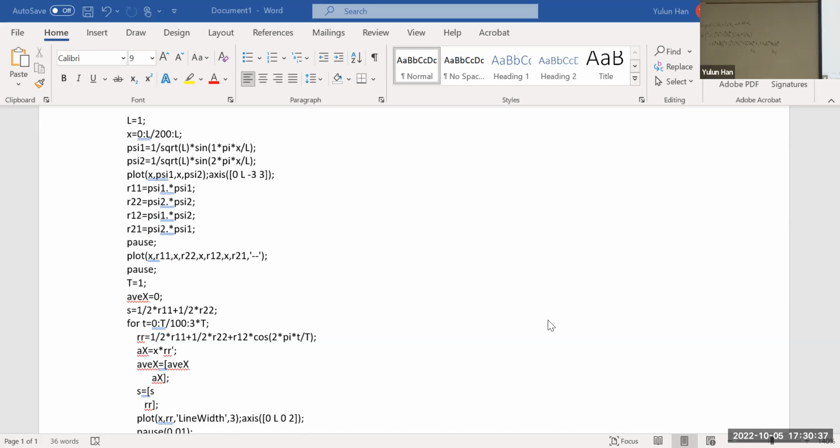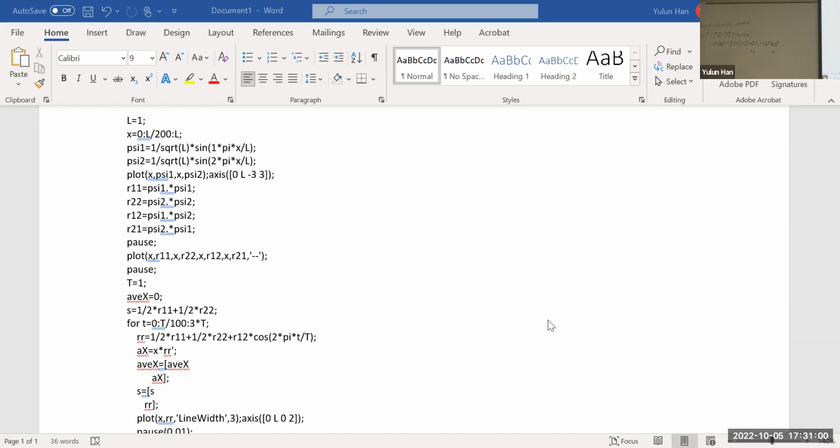This is your first figure, but it is also the weight function. It also popped up when I tried to plot the last part as well. So this one's first. This one is second. So it's probability density.